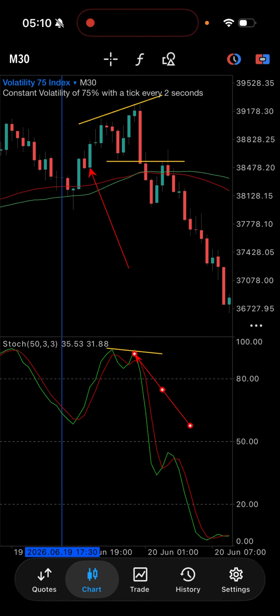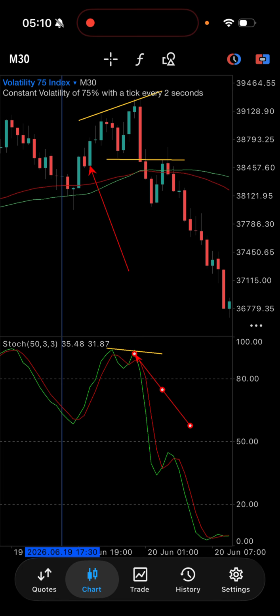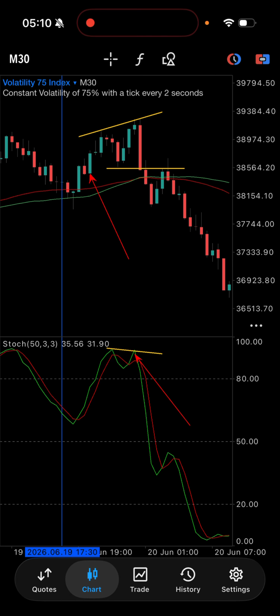So the moment you see something like that on the chart, what you'll be looking out for is for the price to break the recent low if you're selling, and if you're buying, you wait for the price to break the recent high. Depending on the way you trade, for me in particular, I enter the trade in two ways.